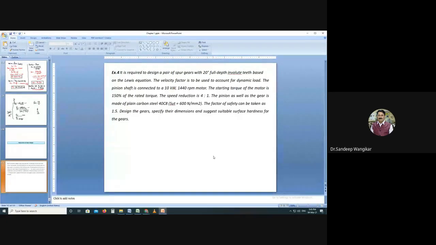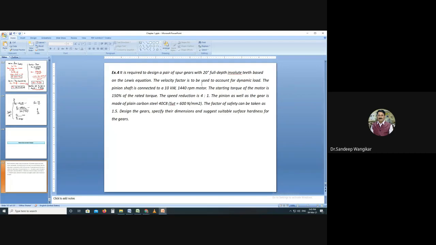So, what is given? It is required to design a pair of spur gears with 20-degree full depth involute teeth based on the Lewis equation. The velocity factor is to be used to account for the dynamic load.